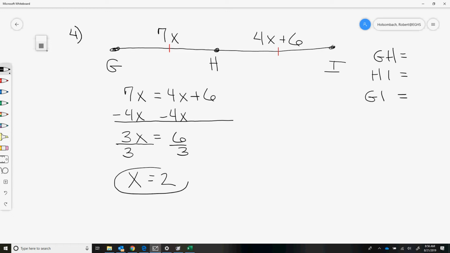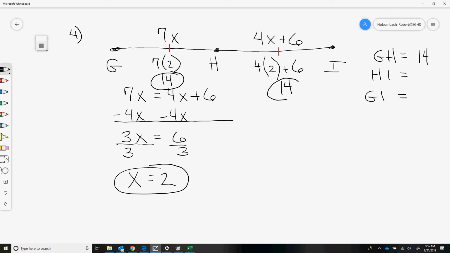That wasn't the question. The question is you need GH first. If G to H is 7 times x, then isn't G to H equal to 7 times 2? And 7 times 2 is 14. All right, so G to H is 14. H to I is 4 times 2 plus 6, which is 14 as well.